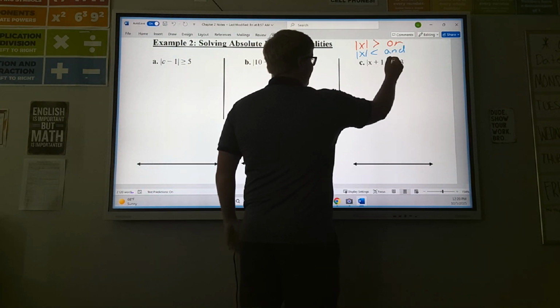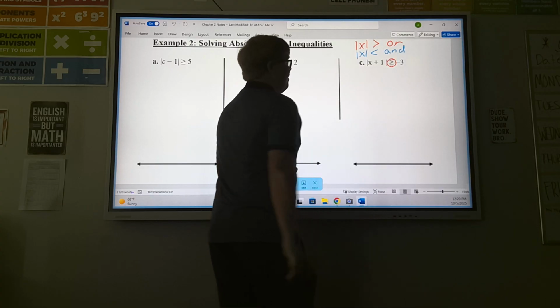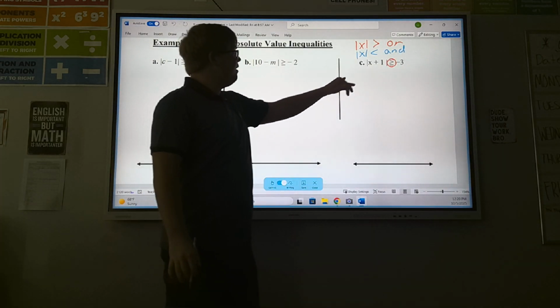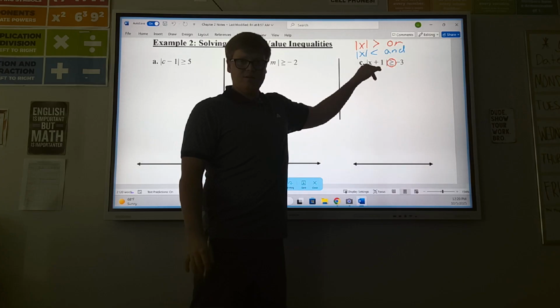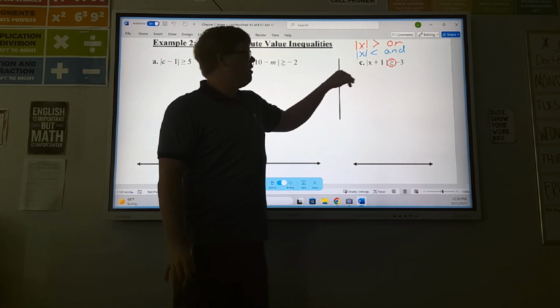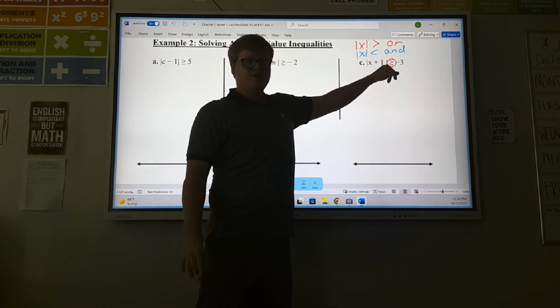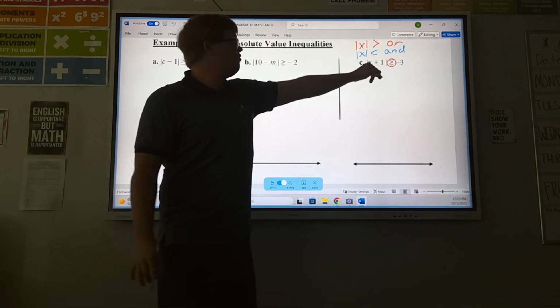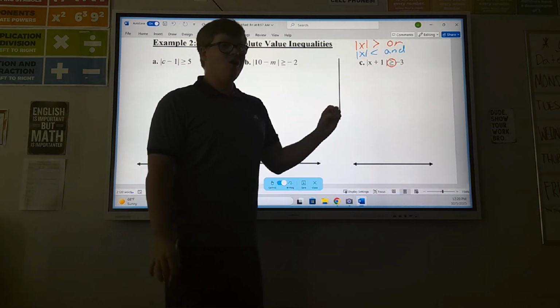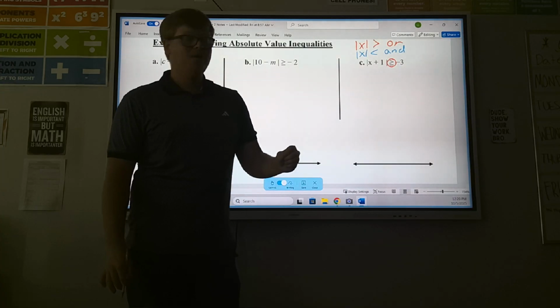So we see our sign. It's greater than or equal to. A positive number, that's what absolute value is. A positive number is greater than or equal to a negative number. So a positive number is always going to be bigger than a negative 3.